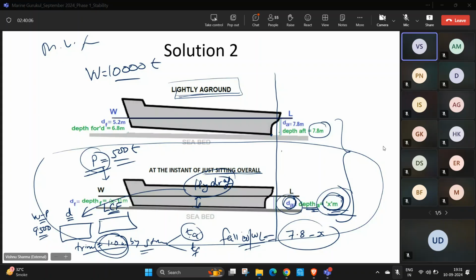So you see, earlier we were using LCF for W. Why? Because we were assuming it to be fixed. But now I want to split the 1 meter trim at the hydrostatic draft corresponding to 9,500 tons into TA and TF. So what LCF should I use? I should use the LCF appropriate to that condition, which I can find, because against 9,500 tons I can find the LCF.